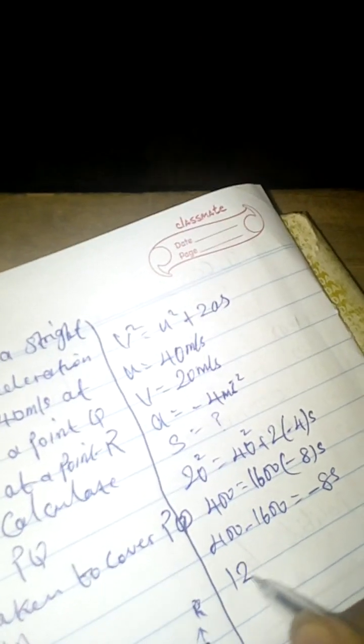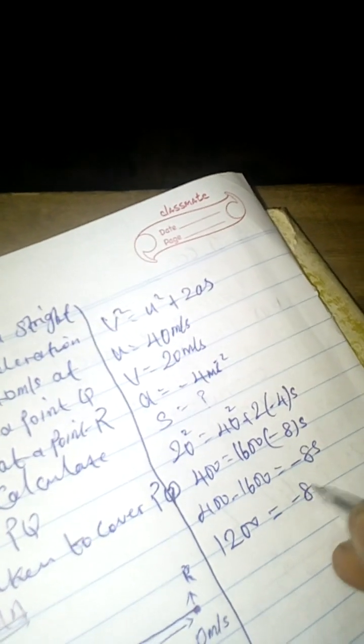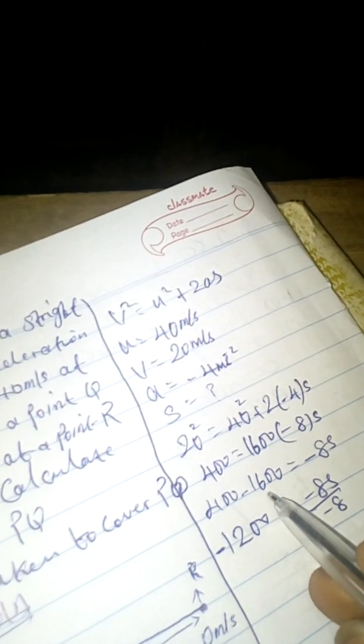So 1600 minus 400 gives us 1200, equal to minus 8s. We divide by minus 8, because the bigger number carries the sign.